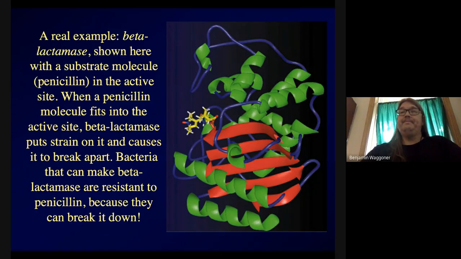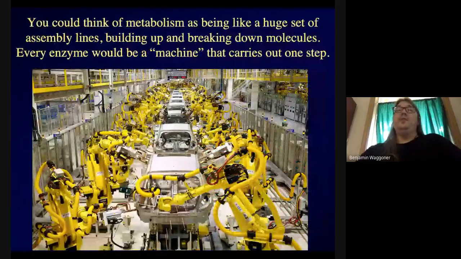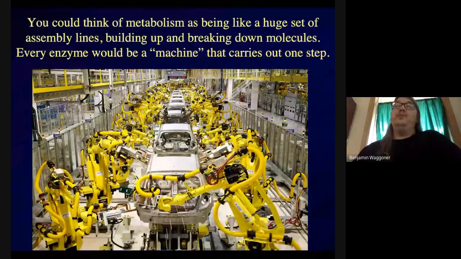And you could think of metabolism as being like an enormous set of assembly lines building up and breaking down molecules, and every enzyme would be like one of these machines carrying out exactly one step, right? The car chassis right here goes to one machine that goes zip, zip, zip, maybe tightens 4 bolts or something.